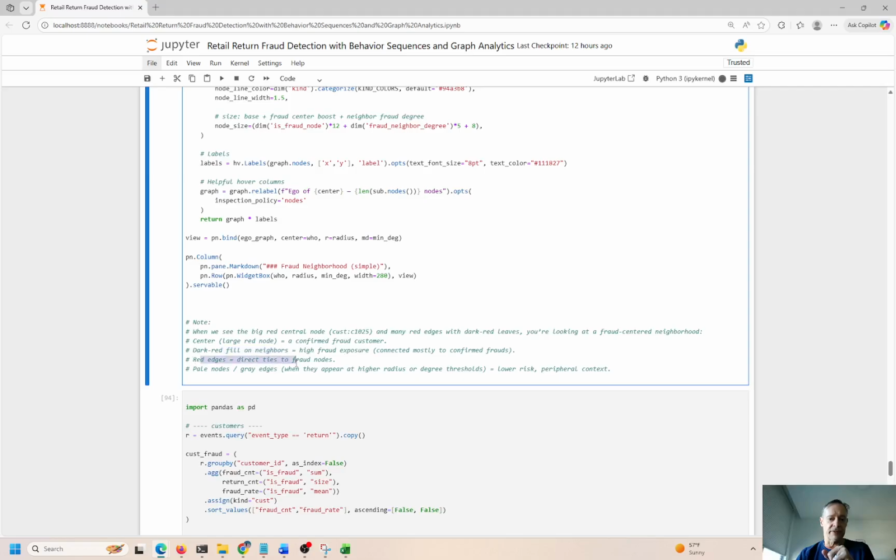Red edges show direct ties to fraud nodes, and then pale nodes have gray edges. When they appear, the radius or the degree threshold is lower. So it's more of a peripheral, contextual relationship between the fraudsters and the retail items that are being returned to the stores, that are triggering these fraudulent red flags.